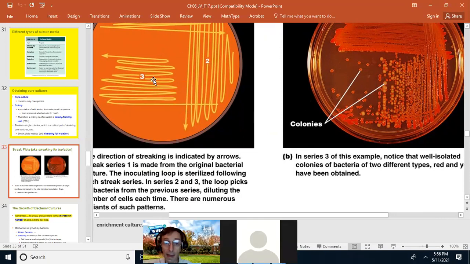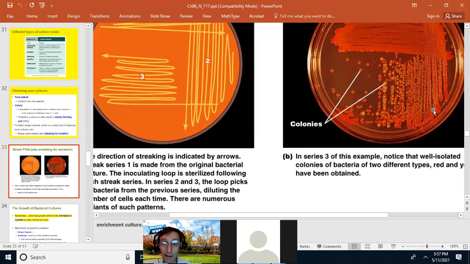And even then, that wouldn't be a pure culture because this colony isolation would be the first time we get isolated yellow colonies. You'd want to pick from an isolated colony and then streak it out again, going through 2 colony isolation events where the yellow colonies are isolated 2 times before we call it a pure culture.